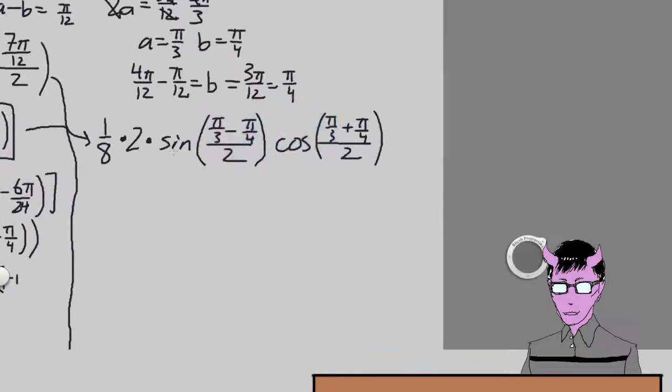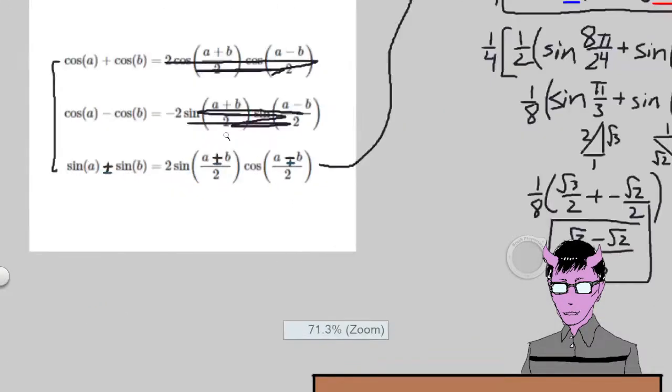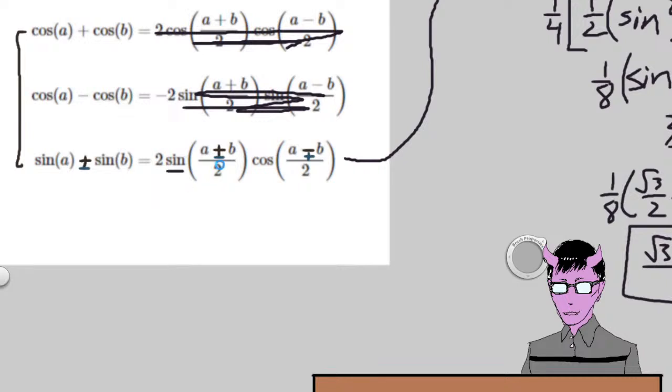Maybe we just copy these numbers, but make sure you put a plus. Alright, so keep in mind this is the sine with the negative, and then the cosine is with the positive. So we're going to end up with a minus between those two. So we're going to end up with sine of a minus sine of b.